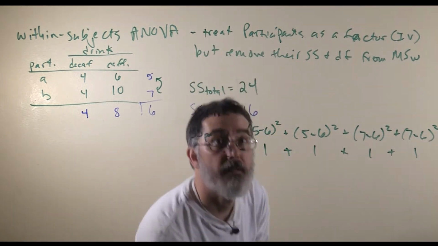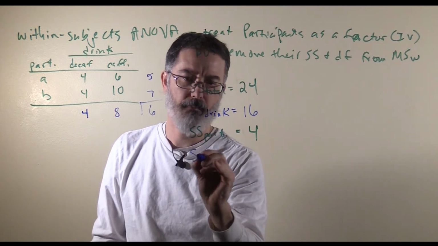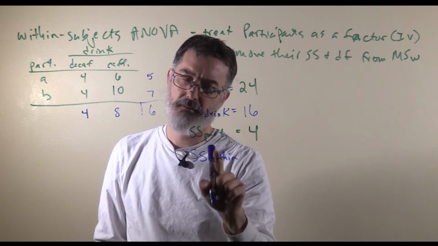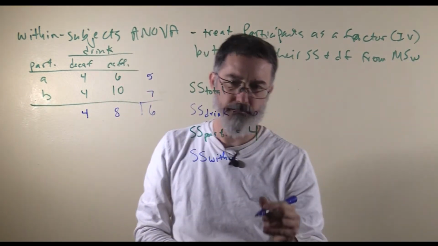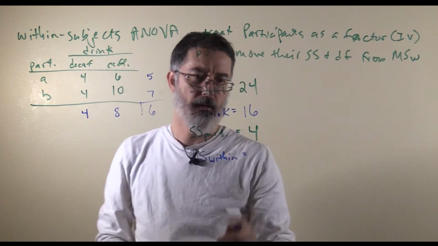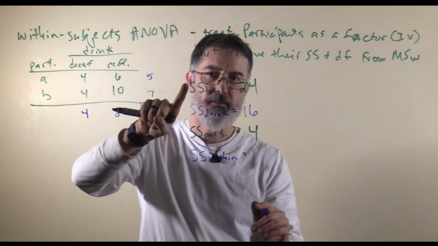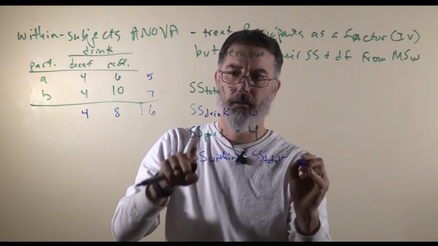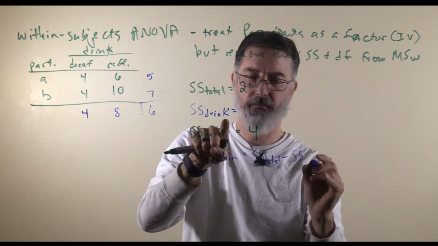All right, so I'll put that here. So the only sums of squares left to calculate are the sums of squares within. Remember, this isn't within participants. This is within the conditions. And now for this, we're not going to calculate it from the raw data. Instead, what we're going to do is take the total sums of squares and subtract the sums of squares from the independent variable.